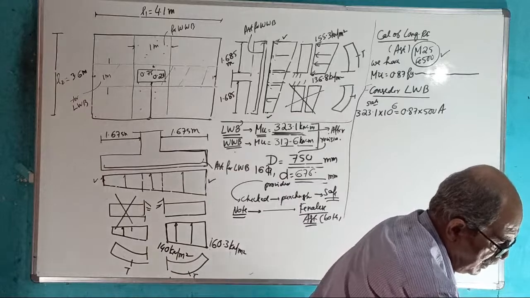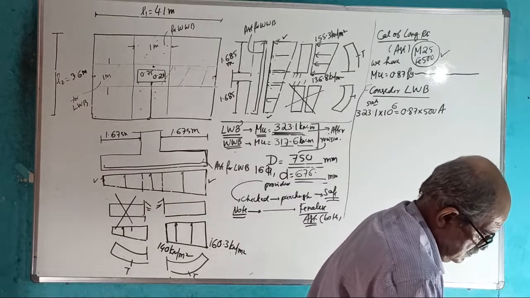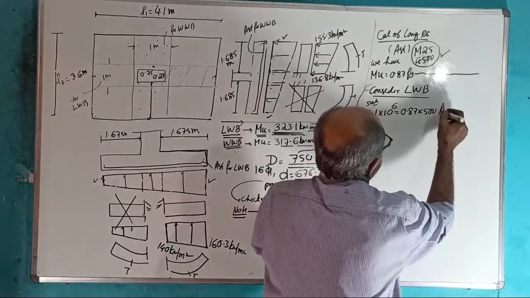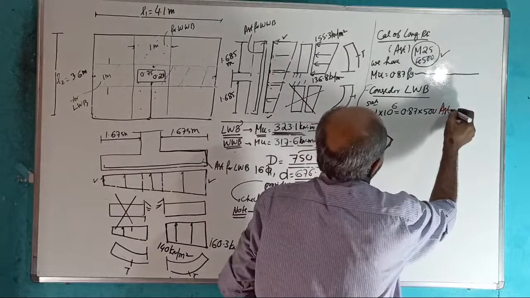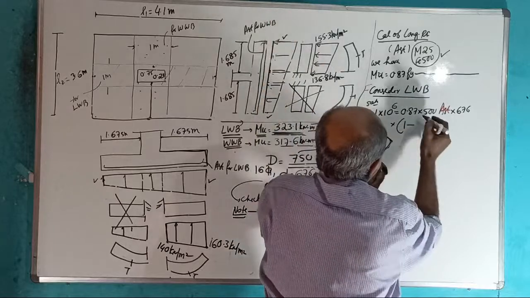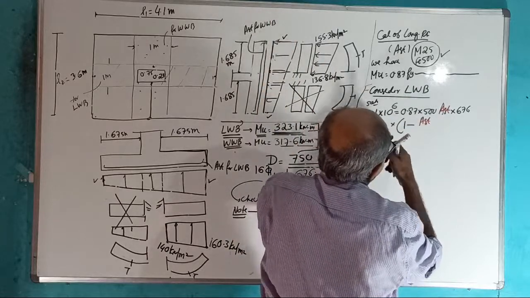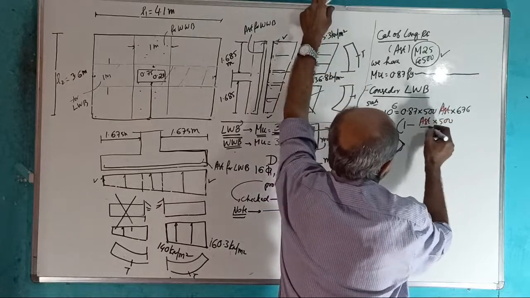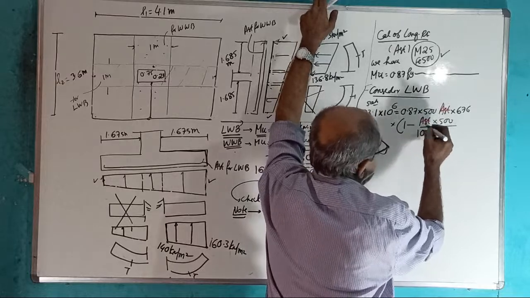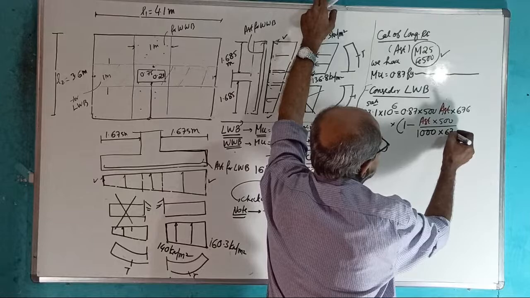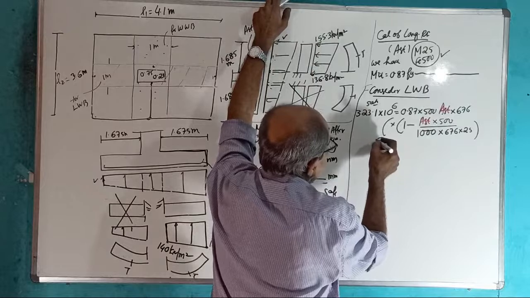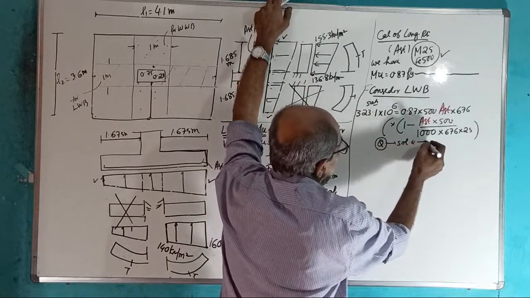Be careful. 0.87 Fy into AST into effective depth D, which is 676, into bracket 1 minus AST into Fy, 500, divided by FCK into B. I told you, everything is for a 1 meter strip. B is 1000, D is 676, FCK is 25. This will give a quadratic equation; solve and take the least value.